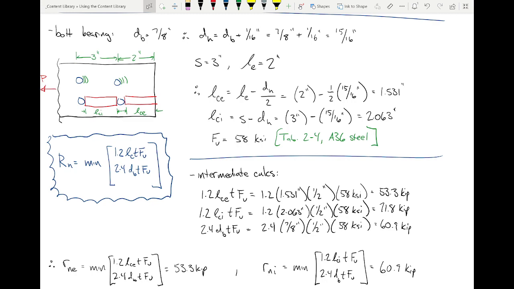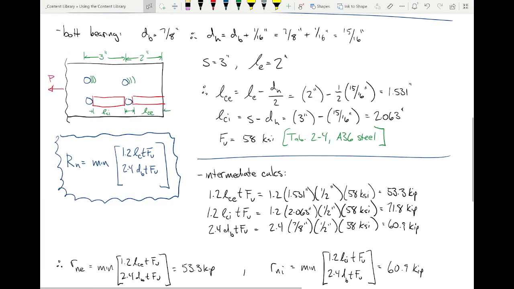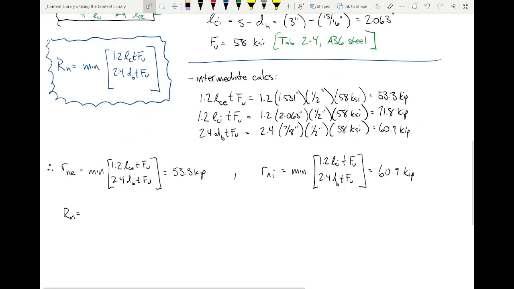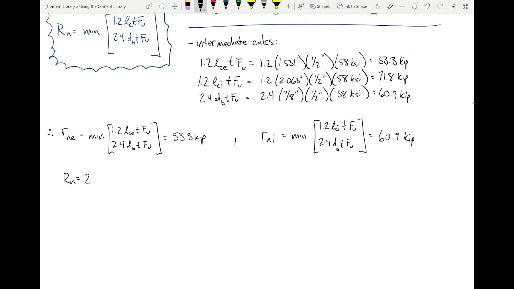Okay, so the nominal capacity of the connection as a whole is 2 of this plus 2 of this. And so what is that?